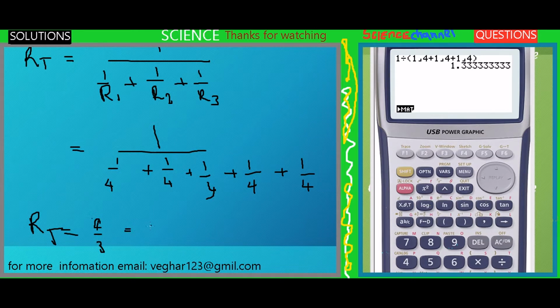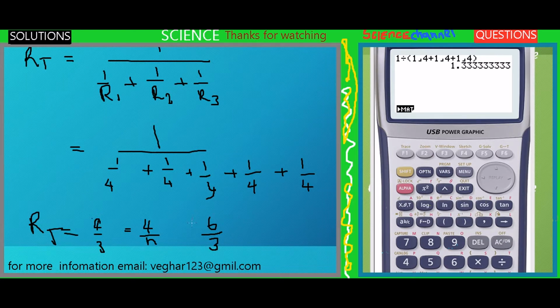So the number of resistors in parallel, only if they are the same, like if it's 4 continuously, you'll put the number of resistors here, and if you have 6, you'll put 4 divided by 6.